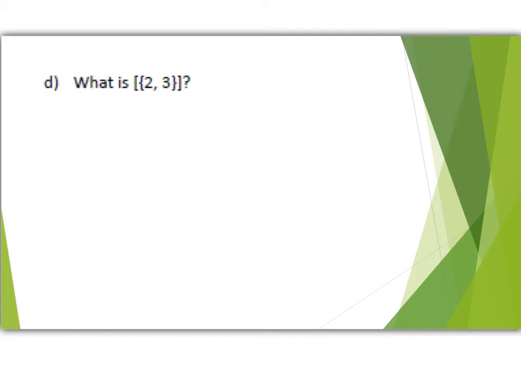Okay, well, first of all, the thing we always know is that every element is in its own equivalence class. So I do know that in this equivalence class of {2, 3}, I am going to find certainly {2, 3} itself. Now, I would like you to pause the video and think about what else is going to be related to {2, 3}.